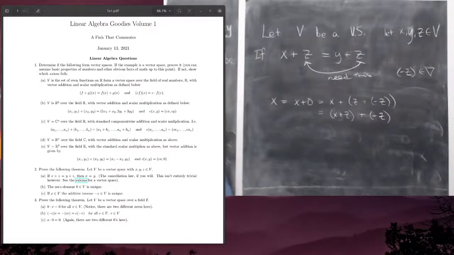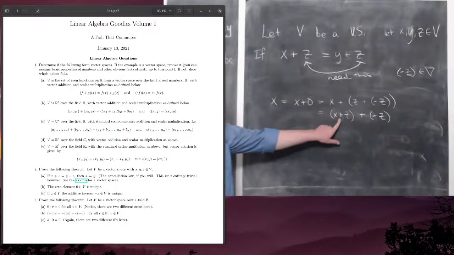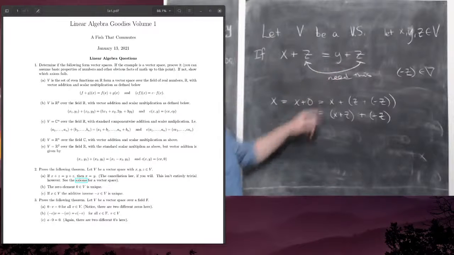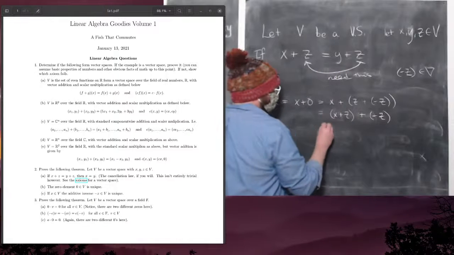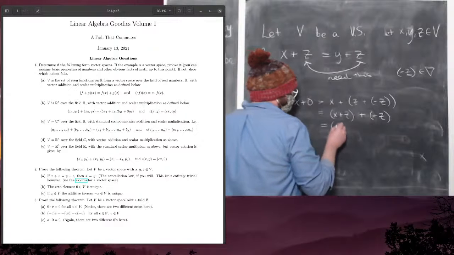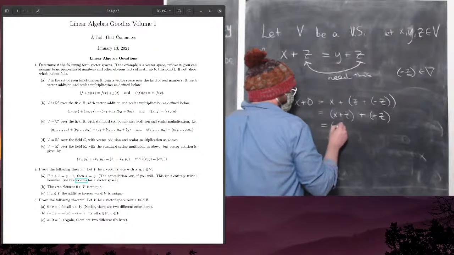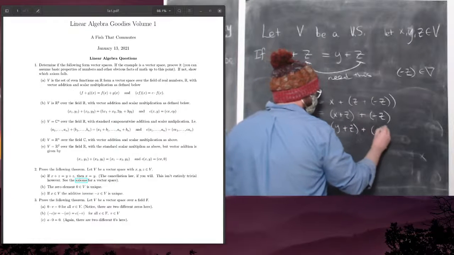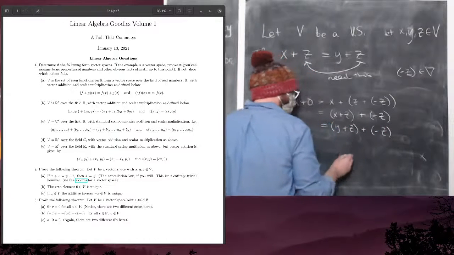Now we're good. Because now I can do something else. So we have this x plus z. Well, by assumption, we know that's the same as y plus z. So then we'll get, this is the same as y plus z plus minus z. Isn't this awesome?